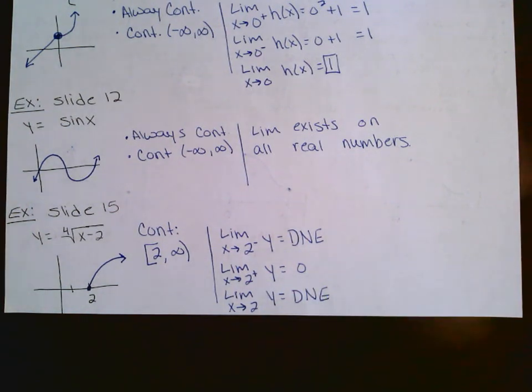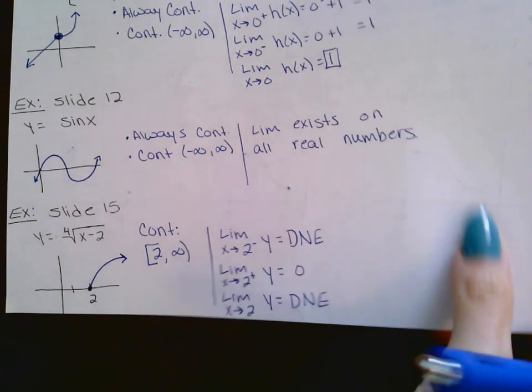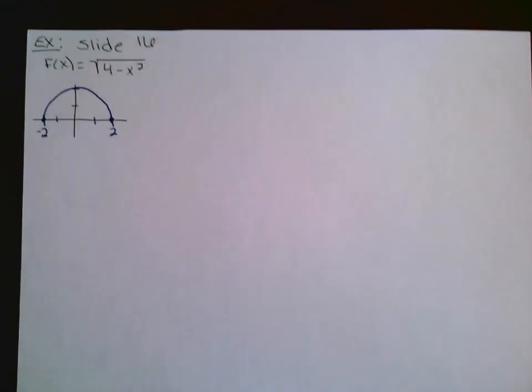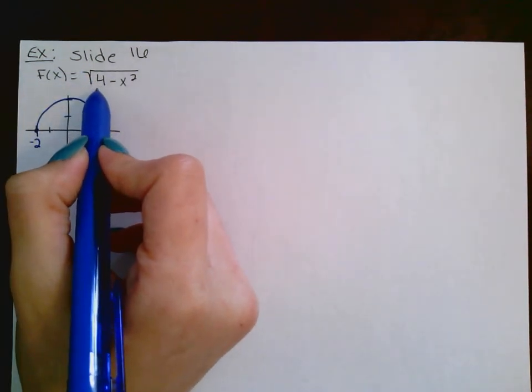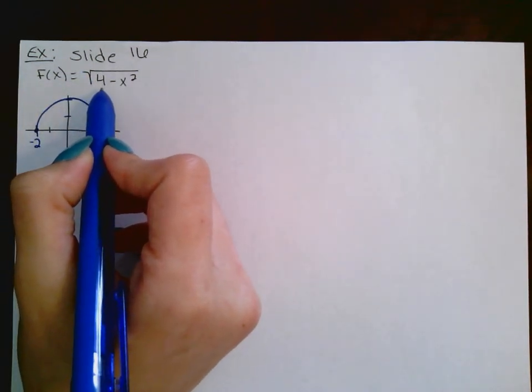Okay? Now let's move on to this next question. I went ahead and drew this one for you. This is the function of a semicircle. And if you're in Cal, I'll probably take a moment and show this to you.